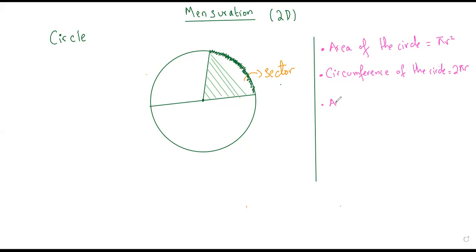Now I'll talk about area of the sector, okay? Now, obviously, the sector size would vary, okay? It could be that this is the sector. This is also a sector.